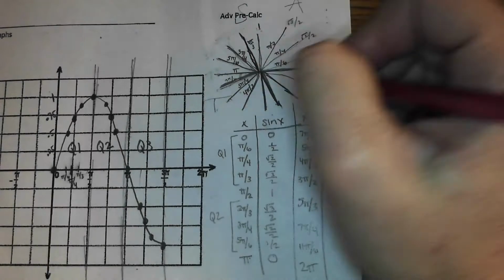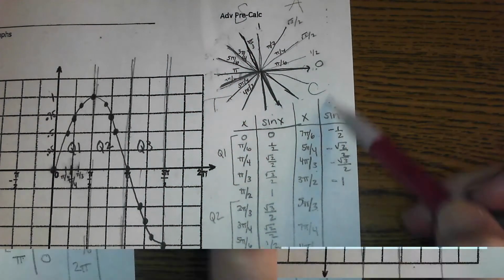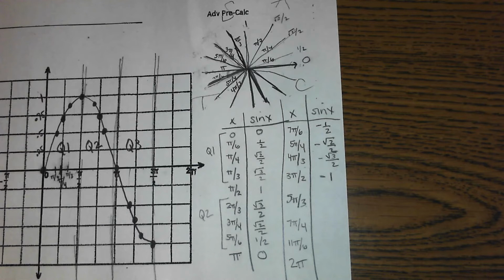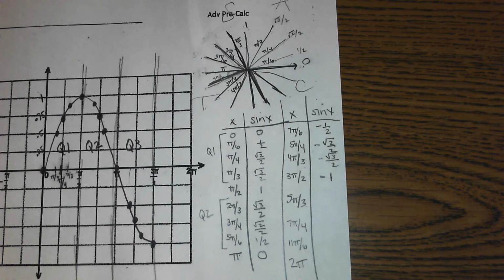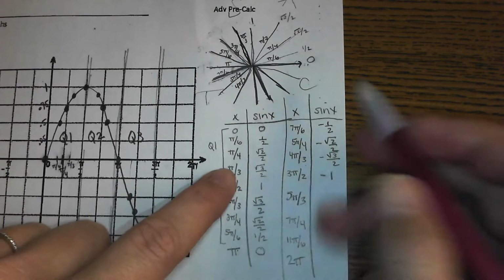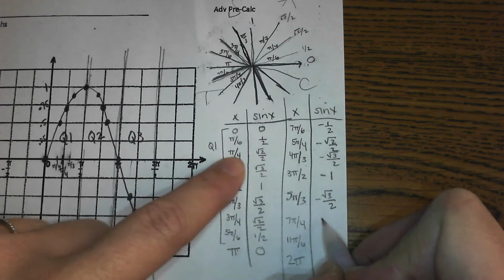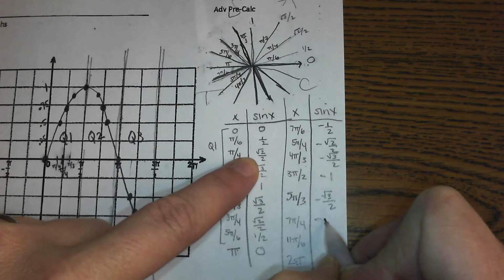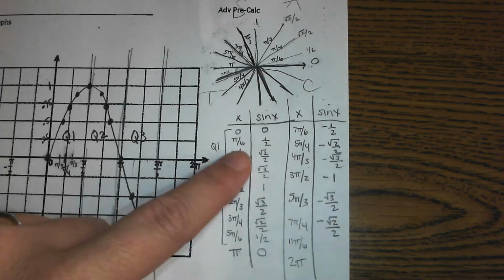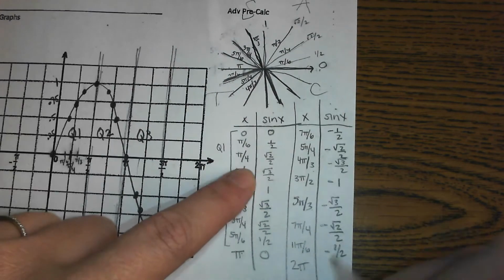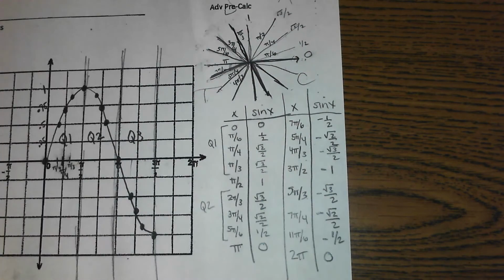So, again, all students take calculus. The fourth quadrant is only positive if it's cosine. So all of our values here will be negative because we're taking the sine. So 5 pi over 3 is going to reflect pi over 3, but it's just going to be negative. 7 pi over 4 is going to reflect pi over 4. It's just going to be negative. Then we have negative 1/2, and we have 0.